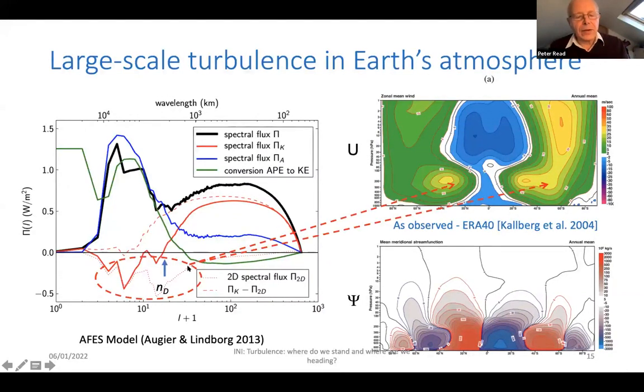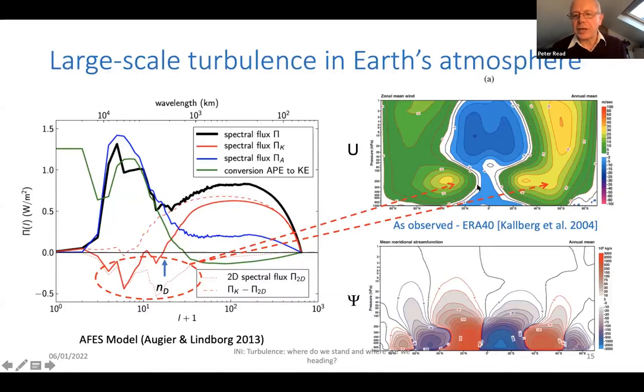The other aspect of the inverse kinetic energy cascade is that this is not only sending energy eddy by eddy towards large scales, but is also ending up putting energy into a zonally symmetric component of the jets.